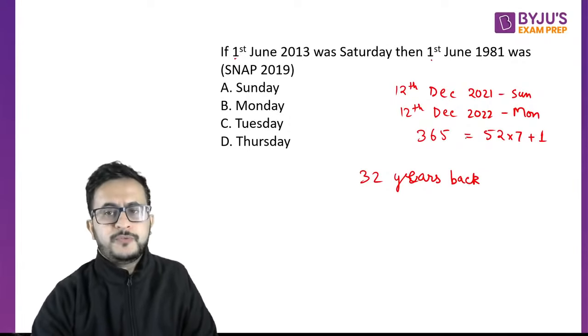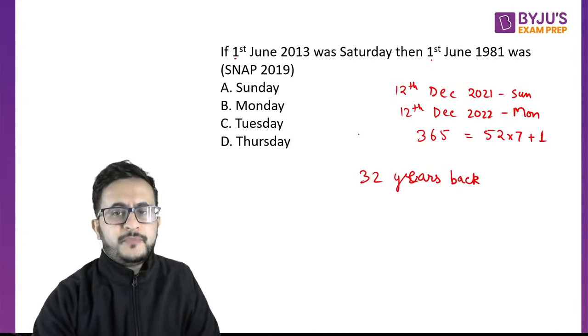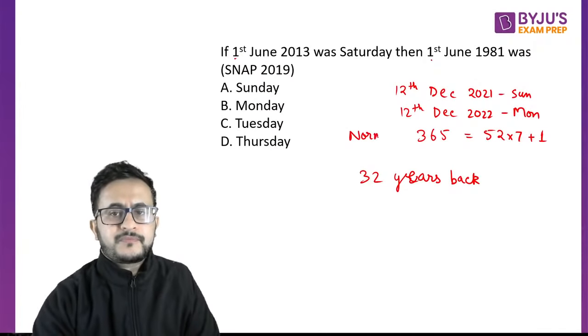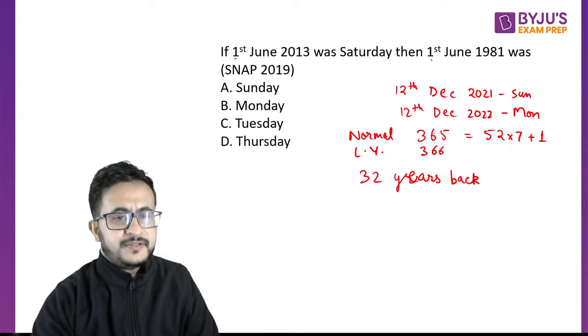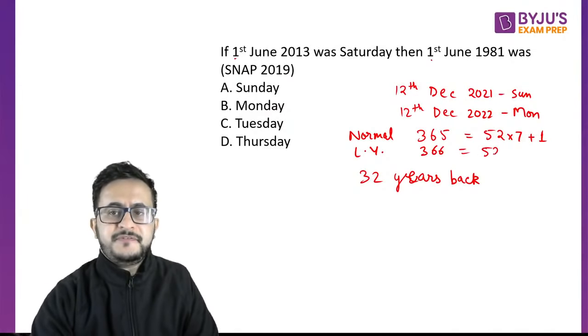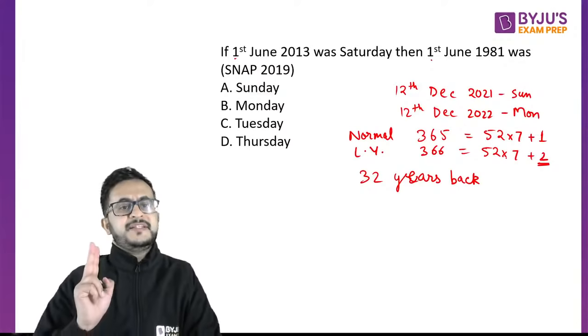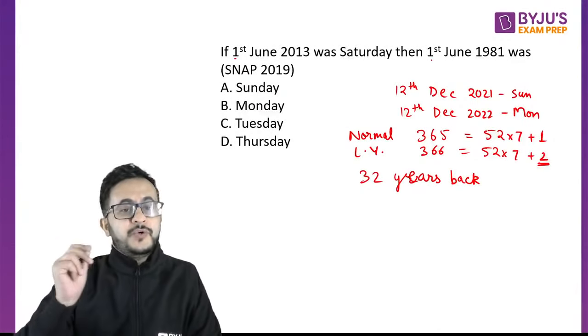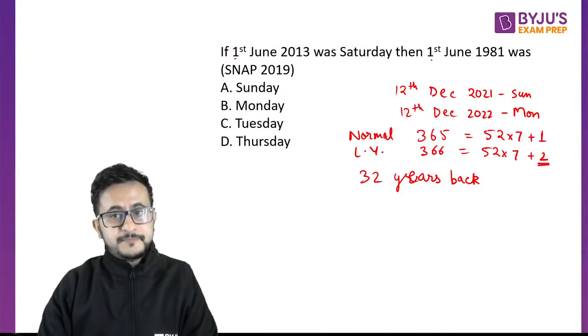Or 32 years ago. Now this is a normal year. If there is a leap year, it has 366 days, right? So 366 days means 52 into 7 plus 2 days. Okay, so that means in a leap year there are 2 extra days. Clear?